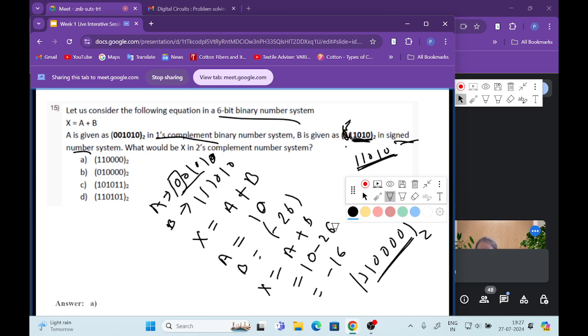The other way to solve this question is to take the binary representation of 26 for positive. So what is positive 26? That is 0 1 1 0 1 0, right? And take its ones complement, that is 1 0 0 1 0 1.